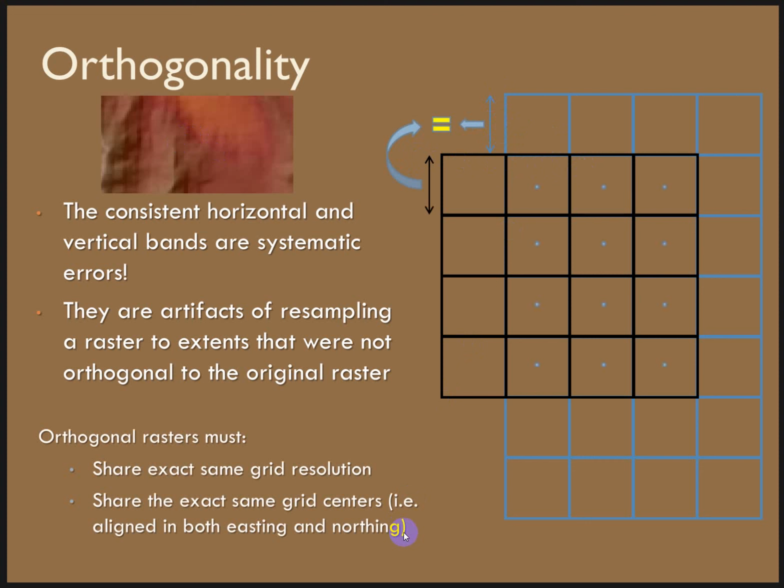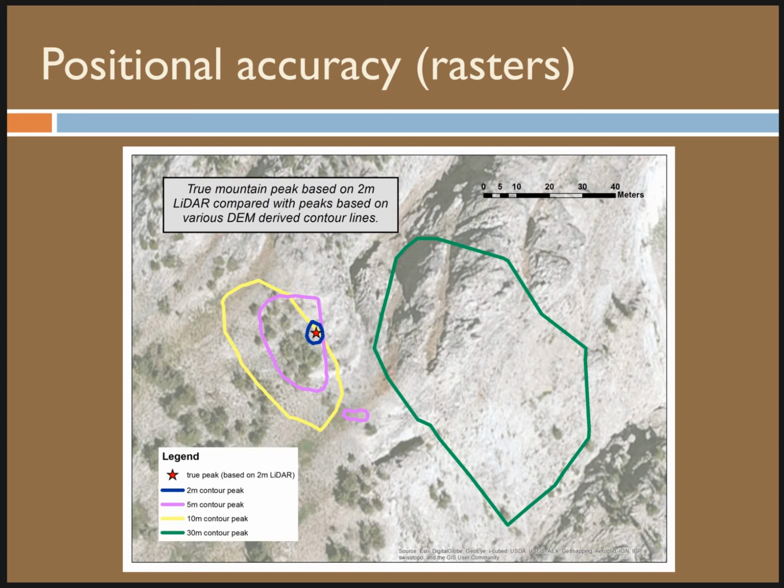This is a little bit different than concurrency, which can also lead to processing errors, and that means that the origin and the extents of the raster data sets need to be the exact same, as well as having to be orthogonal. So that's just something that we can get into later if anyone has any questions about it.